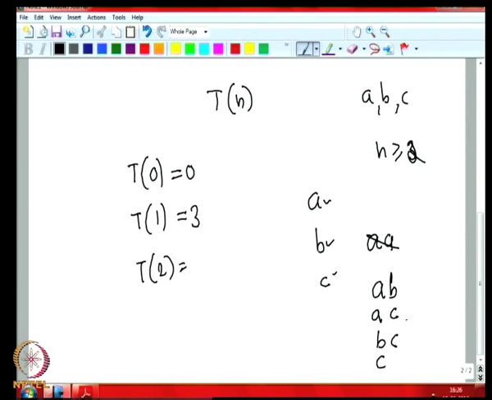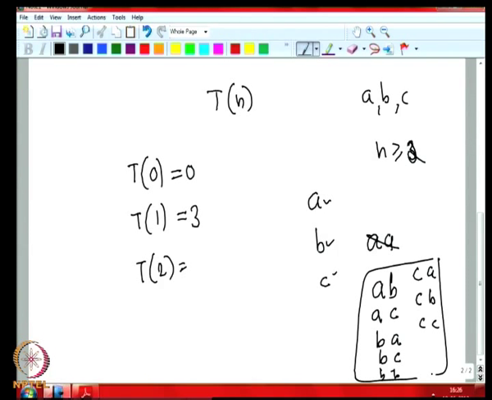BA, BB, BC, that is also allowed, and CA, CB, CC. These are the 2 length words. There are 1, 2, 3, 4, 5, 6, 7, 8 of them.